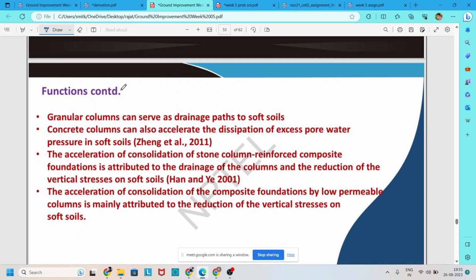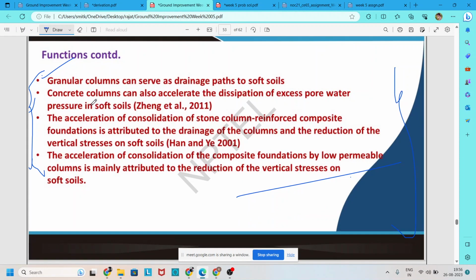The acceleration of consolidation of the composite foundation by low permeable columns is mainly attributed to reduction of the vertical stress on the soft soil. So these are a few conclusions given by different researchers based on their research, concluded for the deep replacement method. This is also important for your exam purpose.